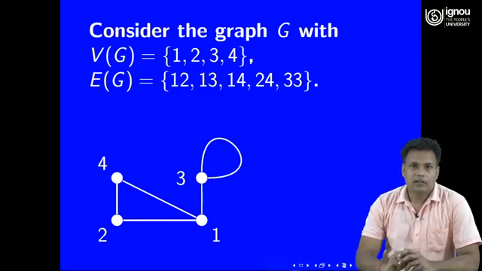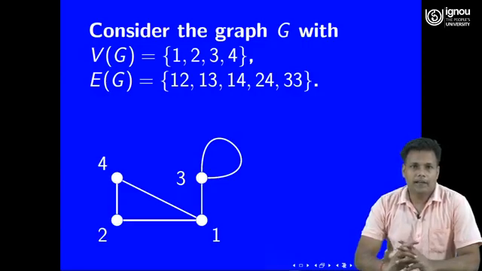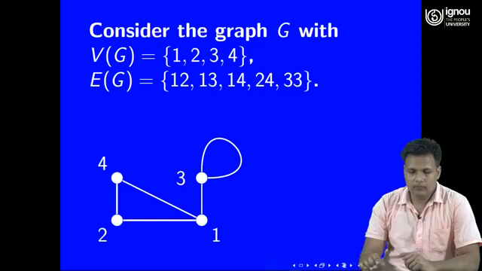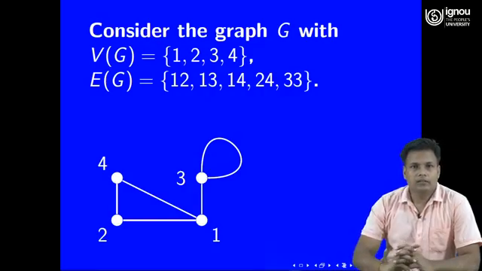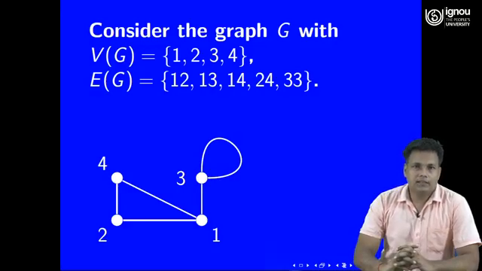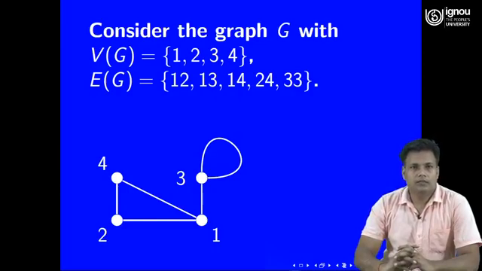For example, let's consider the graph as seen here. We have the vertex set 1, 2, 3, 4, and the edge set consists of the elements {1,2}, {1,3}, {1,4}, {2,4} and {3,3}. We are representing these vertices by 4 dots, as you can see, 1, 2, 3 and 4, and the edges are the lines that join corresponding endpoints.